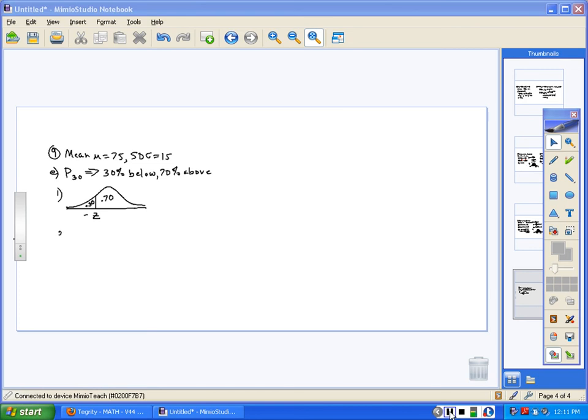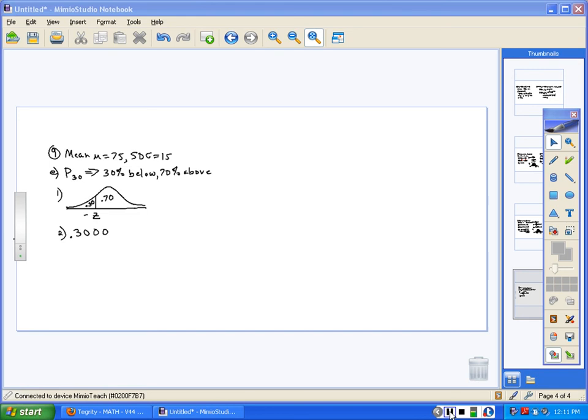Step 2, express the area to the left of the line above z as a 4-digit decimal. So basically, we're just taking the 0.30 and adding 2 zeros to it. And now we're going to go to the z table, into the body of the z table, not down the sides and across the top, but into the body of the table where all the numbers are 4 decimal places long.